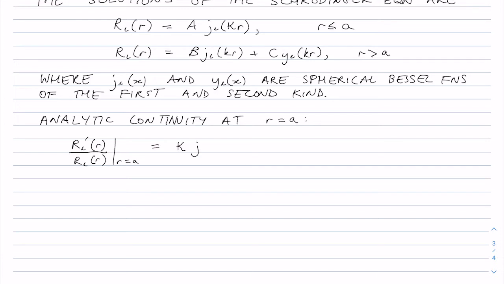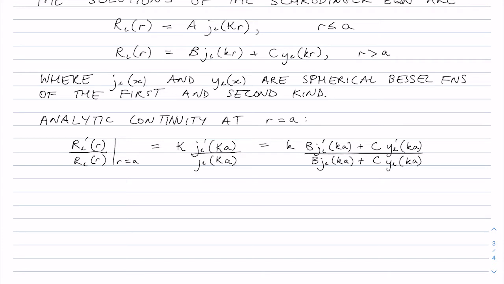So inside we simply have the derivative of the Bessel function over the Bessel function itself, with the wave vector kappa because we're inside the well. And coming from outside the well, we'll have the same with k. It's worth noting here that the derivatives are taken with respect to the full argument.